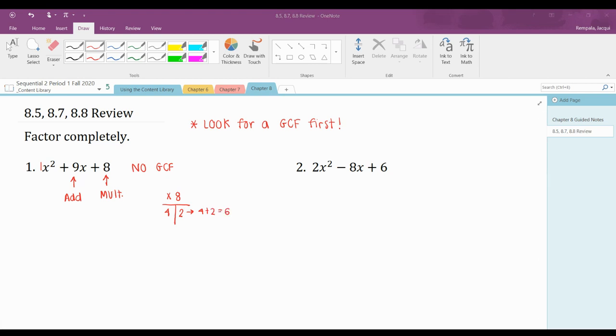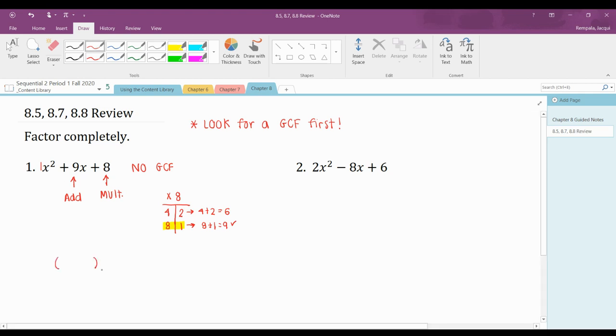That's not the number that I need. We can always multiply 1 times that number. So 8 times 1 definitely multiplies to 8, and notice that 8 plus 1 gets us the number that we want. So 8 and 1 are the numbers that we need to focus on.